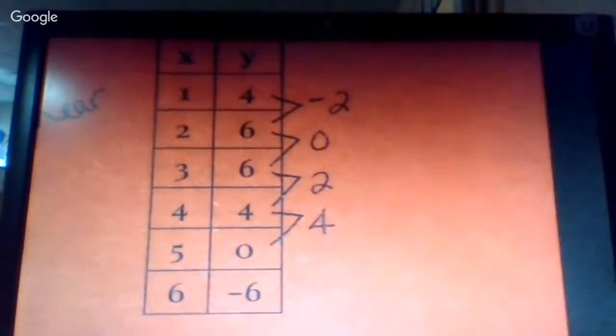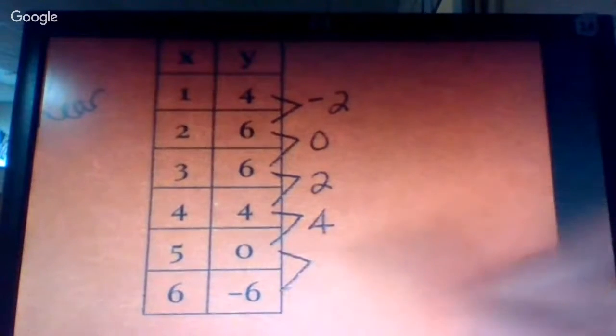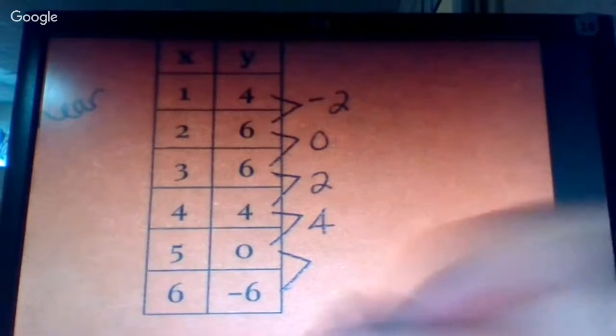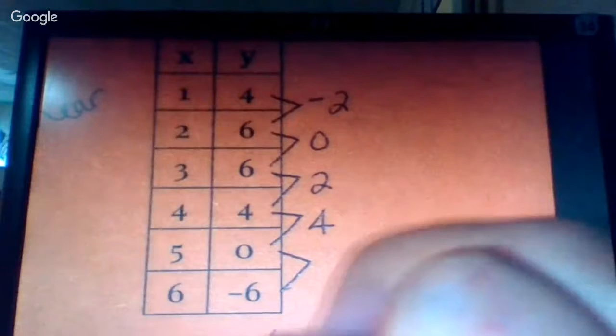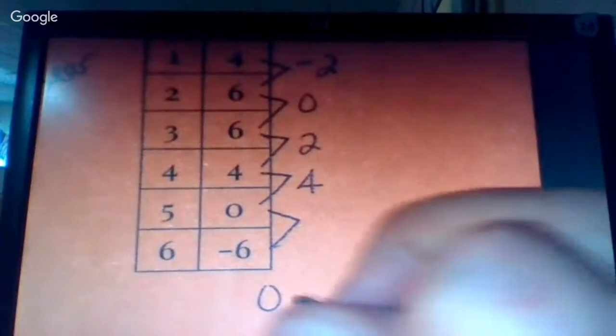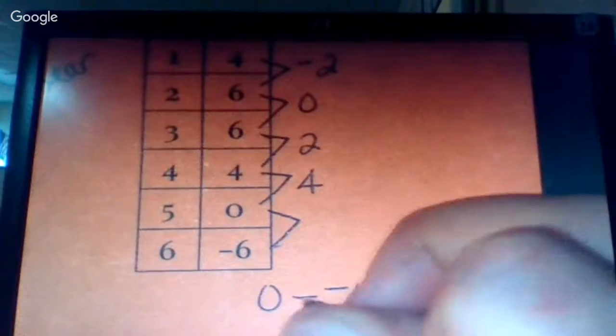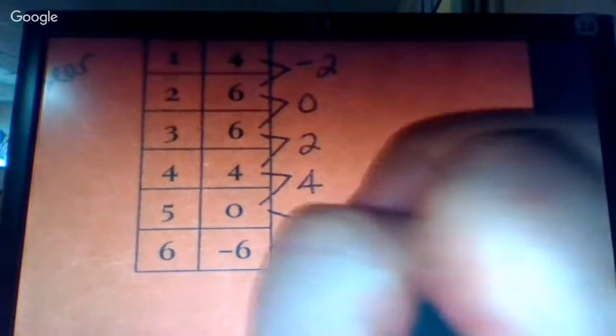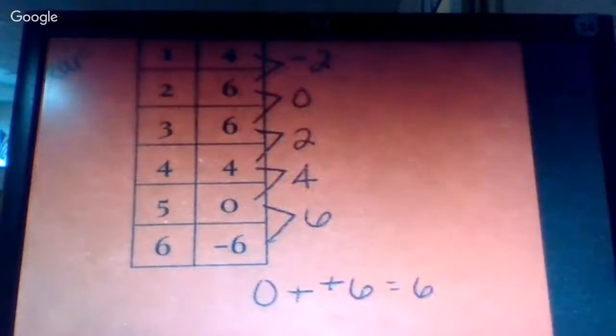I'm tweaking. My fault. And 0 minus negative 6. Hold on. Hold up. This is 0 minus negative 6. Remember, minus a negative turns into plus a positive. So this value is 6. Got him. Is this linear?